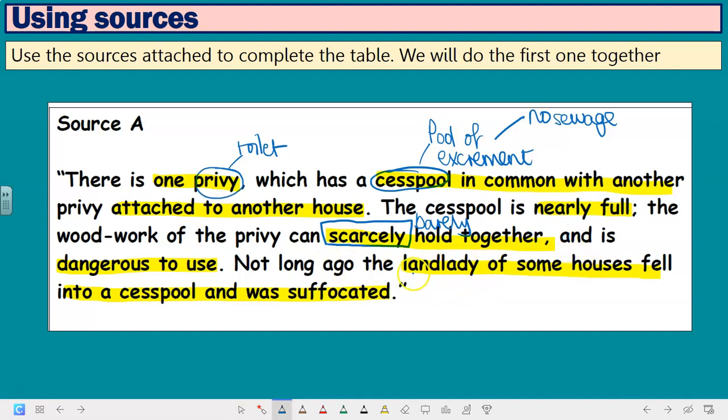Not long ago, the landlady of some houses fell into a cesspool and was suffocated. So she basically fell in and suffocated on a big pond full of other people's poo and wee, which sounds like an awful, awful way to go. So let's have a look and see what we can do and what we can add to our table.